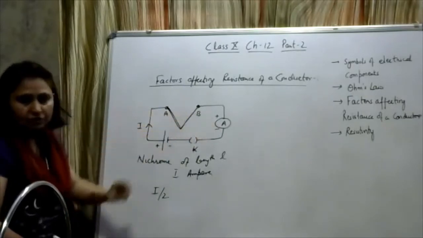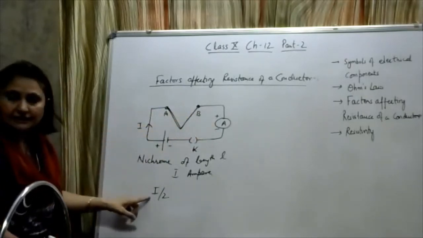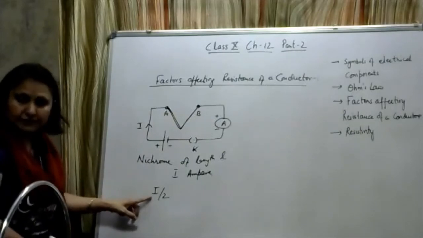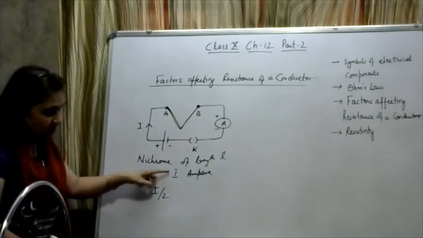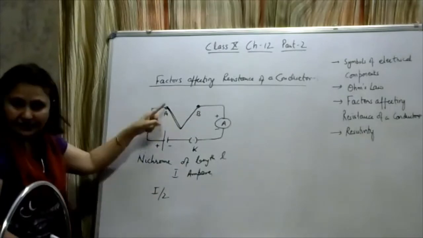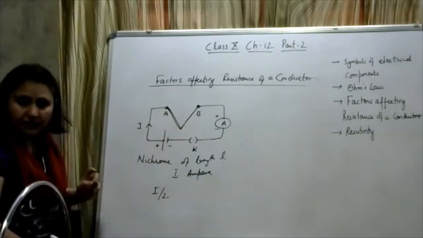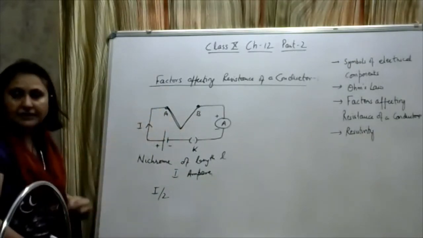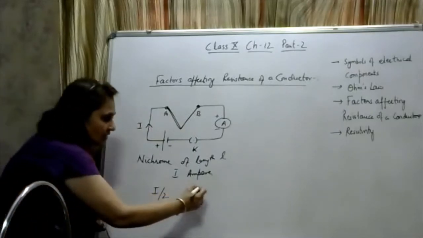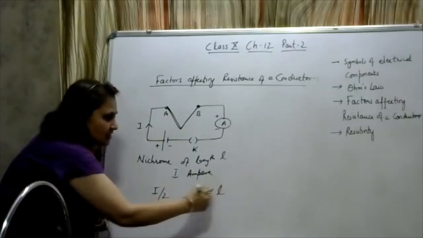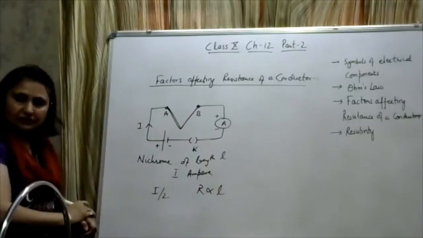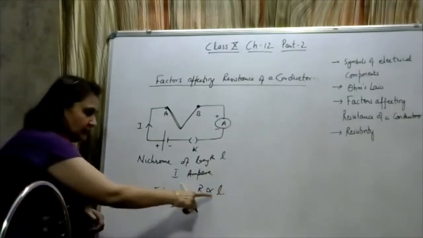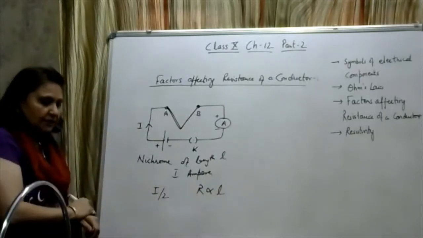Again we note down the ammeter reading. This time the ammeter reading drops to I by 2. That is, the current is halved. It means the resistance of the wire is doubled. So if we double the length, the resistance is doubled. So this activity shows that the resistance is directly proportional to the length of the conductor.